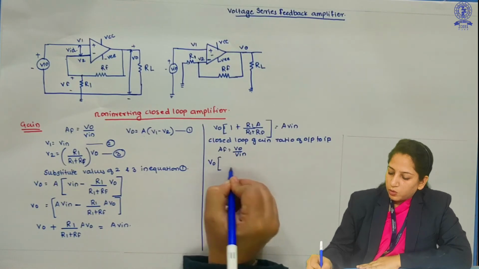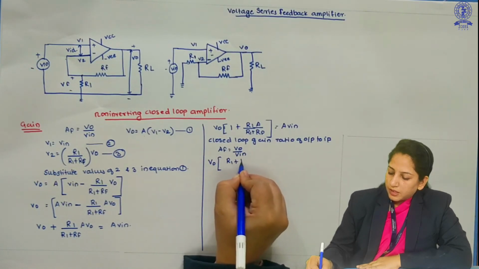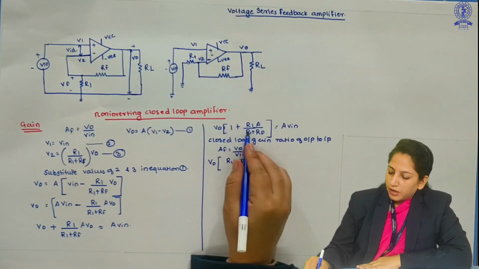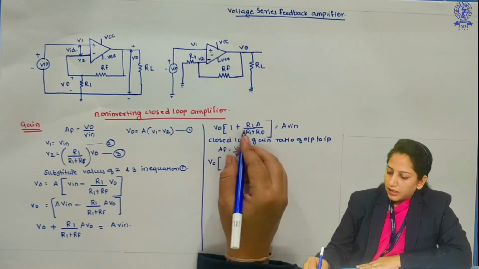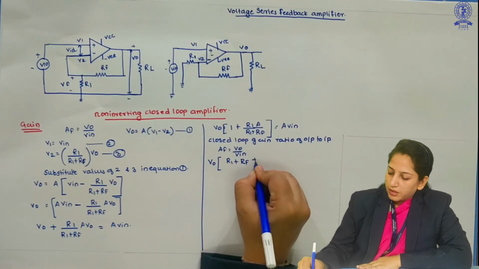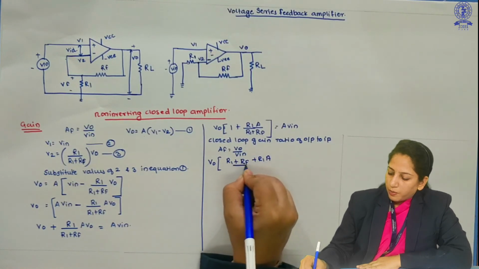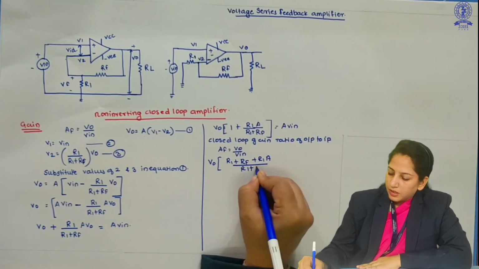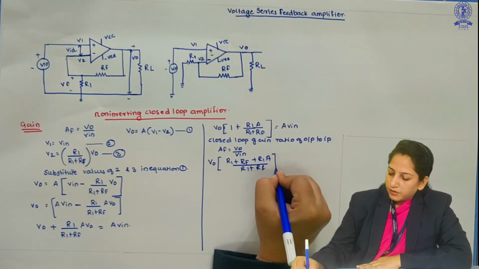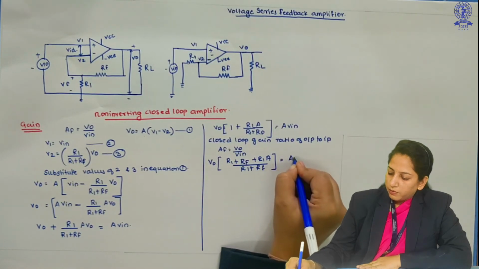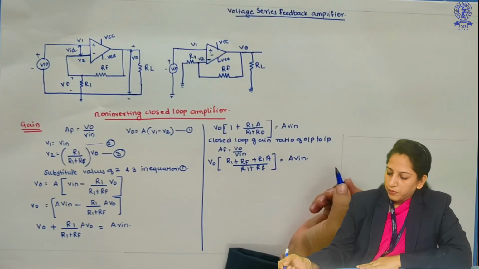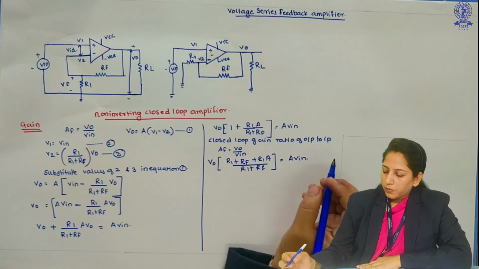So V0 is equal to R1 plus R1, I have taken the LCM, plus R1 A upon R1 plus RF, which is equal to A V in. Okay.